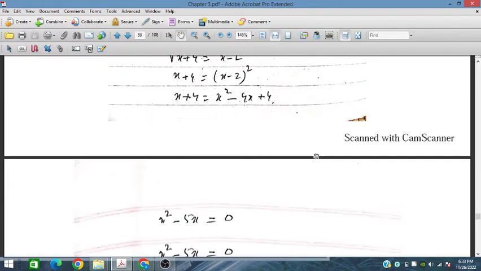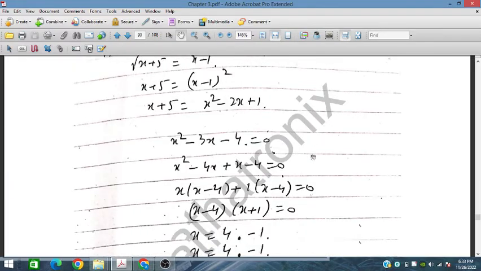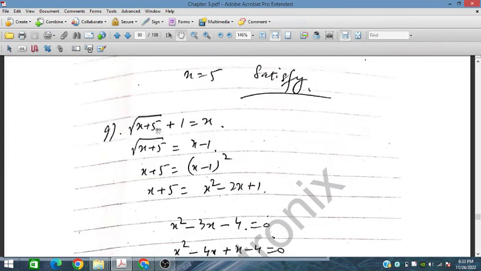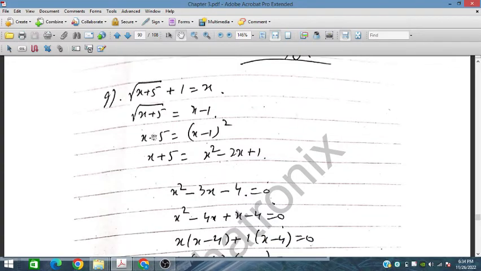Similar for this one, and for this one, under root x plus 5 plus 1 is equal to x, then shift the 1 to the right, and taking a square on both sides, and this comes out to be in this form.